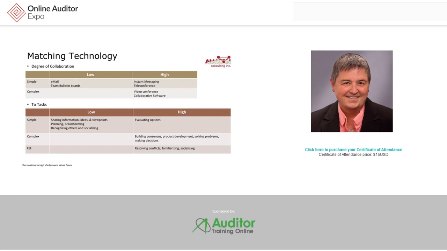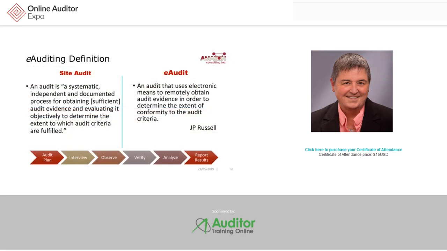So this is what virtual teams has set up, and they're collaborating and working together using this kind of technology matching to the collaboration level, right? And so virtual auditing fits right into this, and all of the aspects that we use for the technology and the different types of auditing that we do.